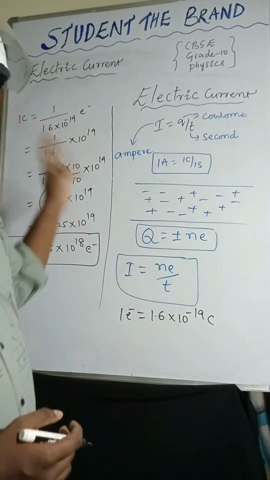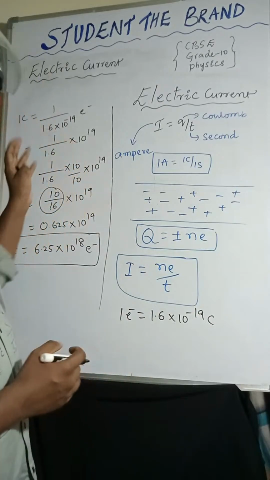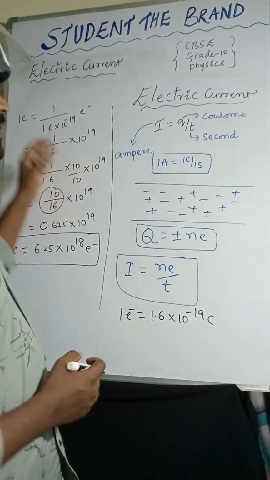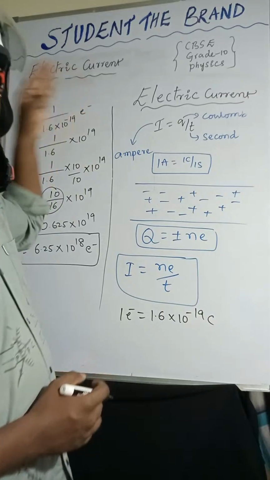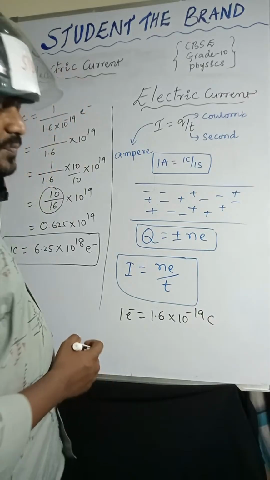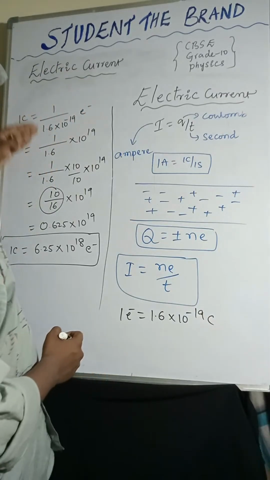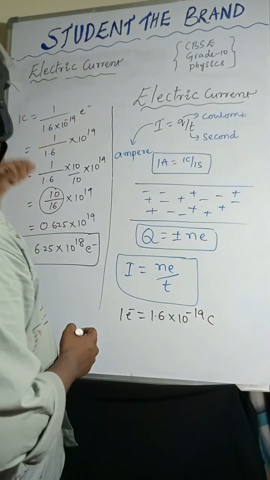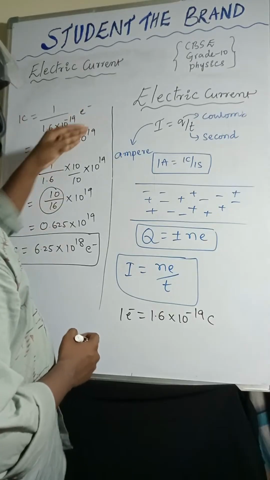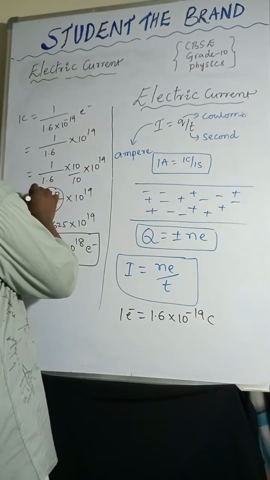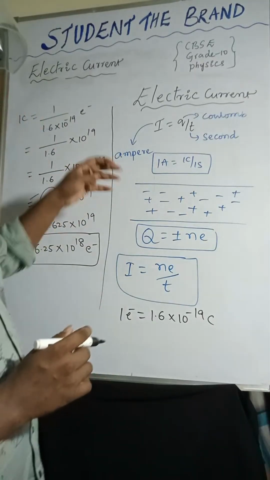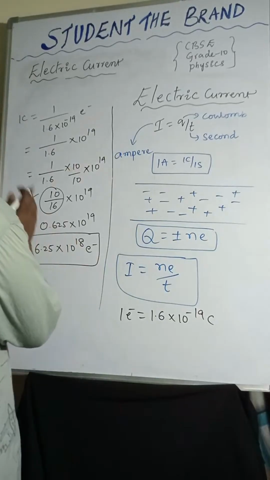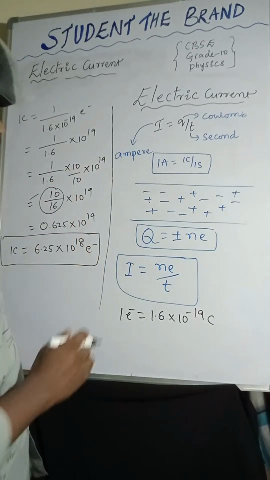In 1 coulomb, how many electrons are present? Here you can see, in 1 coulomb there are 1 by 1.6 into 10 power minus 19 electrons. So 1 by 1.6 into 10 power 19 gives 10 by 16 into 10 power 19, that is 0.625 into 10 power 19.